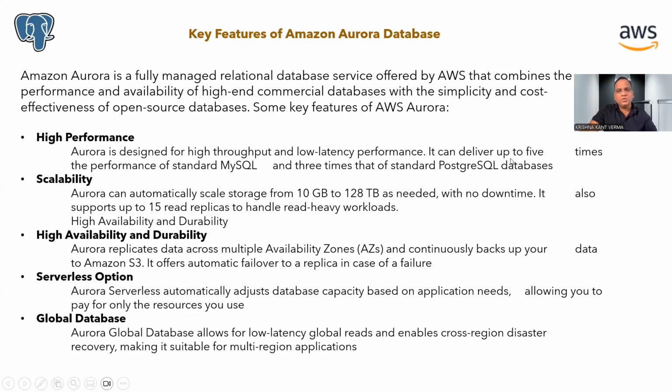So comparing to the traditional installation of MySQL or PostgreSQL on an EC2 machine or virtual machine, if we go with the Aurora version of these databases, it can give you 5x faster performance with MySQL and 3x faster performance with PostgreSQL, compared to the traditional installation without the Aurora engine.